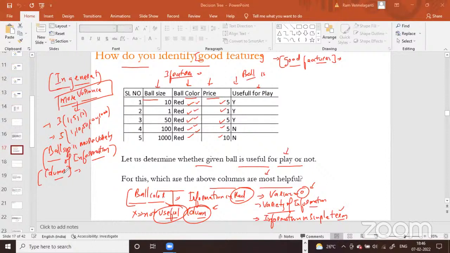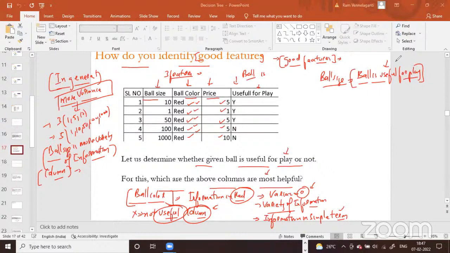So what can you do? Between ball price and ball size, because the ball size column has more variety of information, ball size will comfortably help us in deciding whether the ball is going to be useful for play or not.